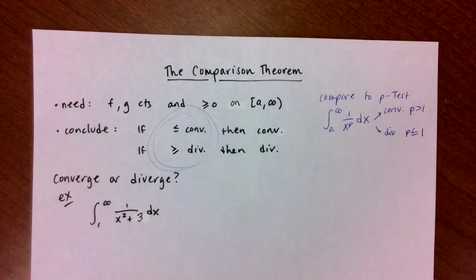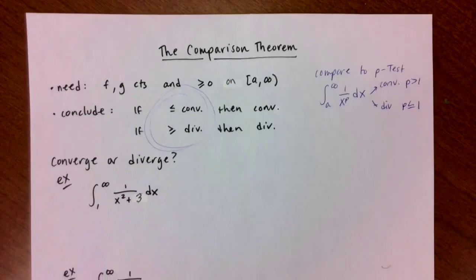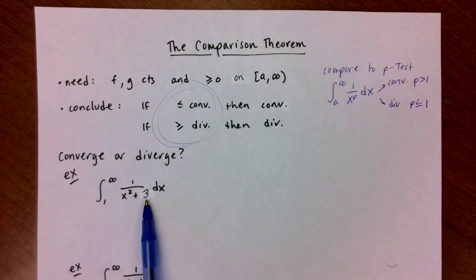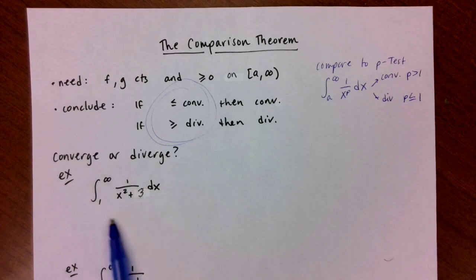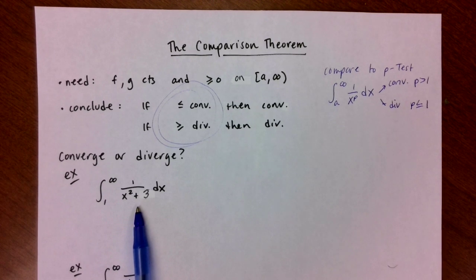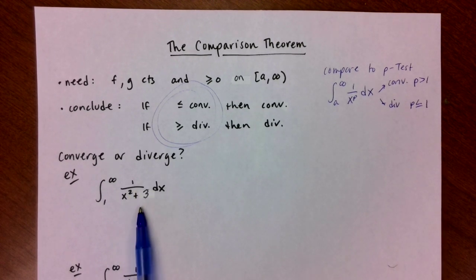Okay, so let's jump into the first example and see how the comparison theorem can answer the question, converge or diverge for this interval. Now, this doesn't absolutely have to be done with the comparison theorem. You could fight through an antiderivative here, either with the arctan formula or trig substitution. But the comparison theorem saves you a ton of work because you don't ever have to do the antiderivative.